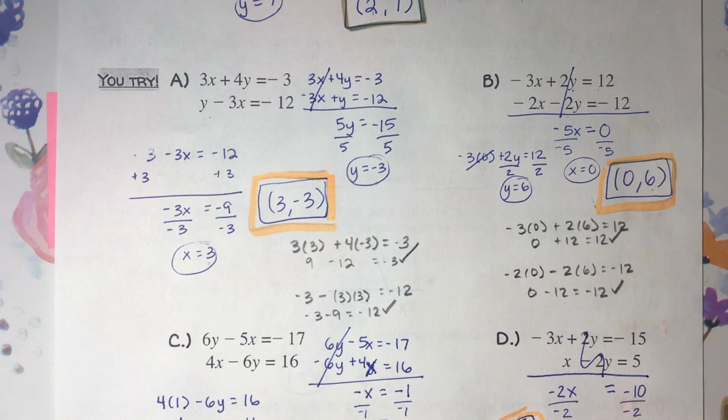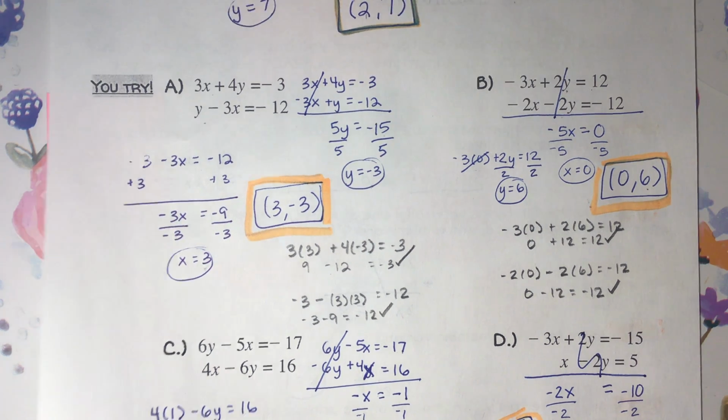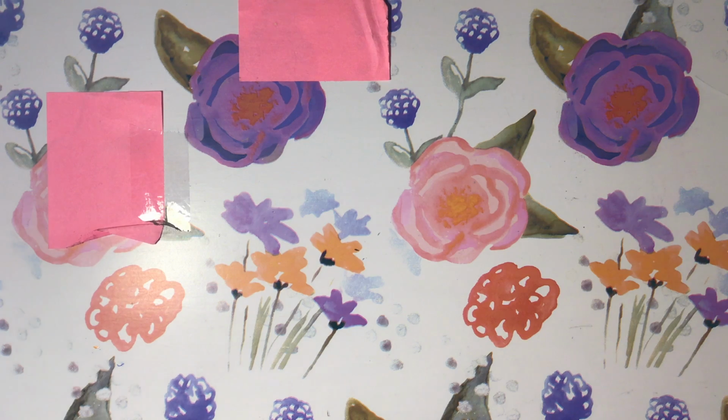All right, so these examples were where the equations automatically added up and then eliminated a certain variable. There is another type of example that I'm going to go through with you here quickly where you have to adjust the equation a little bit.